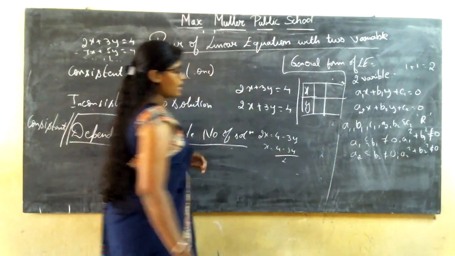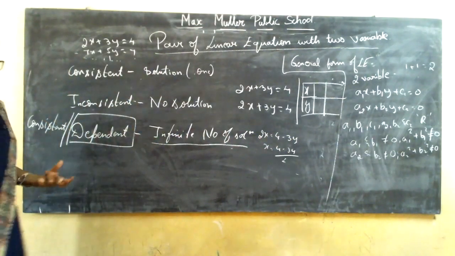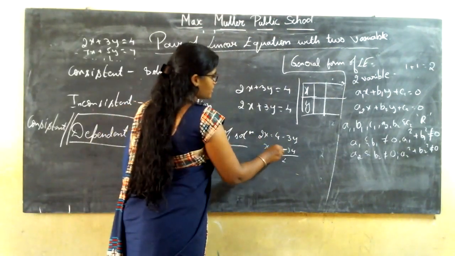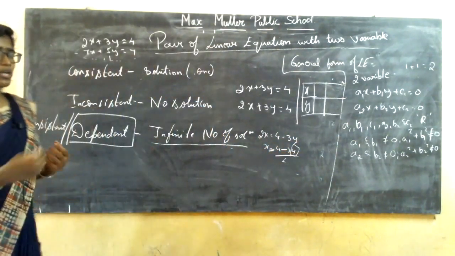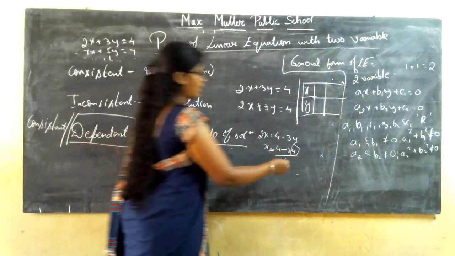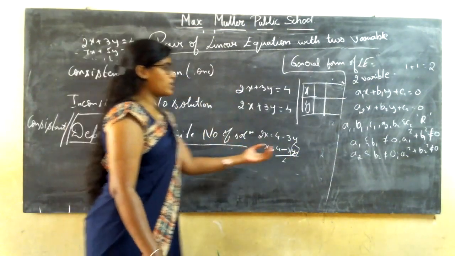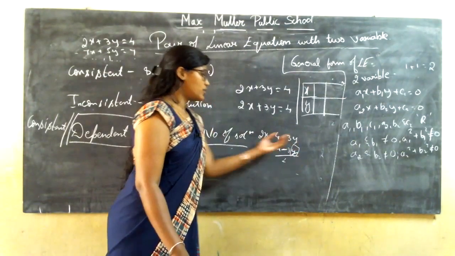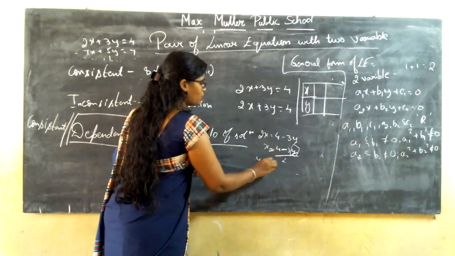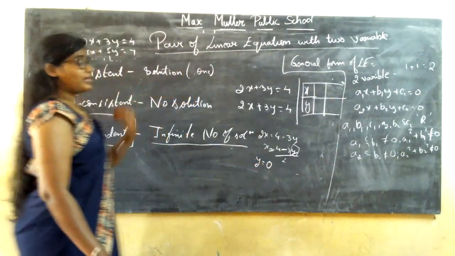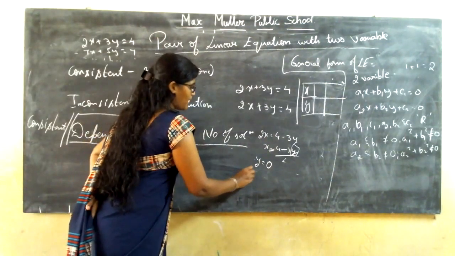I have always told you, and I'm telling you now, that you should always opt for your y term. Whatever terms you have on your right hand side, you need to guess the values for that, and whatever guess you put there, you should get the value for x. So I'm going to guess the y value as 0. If y is 0, then what will my x value be?